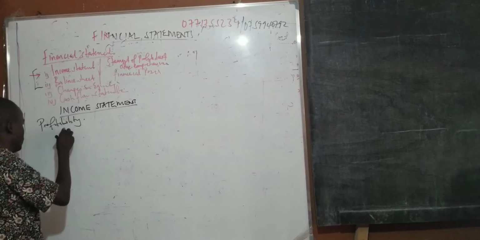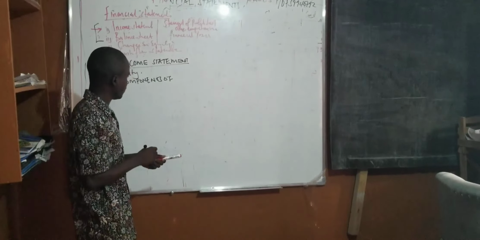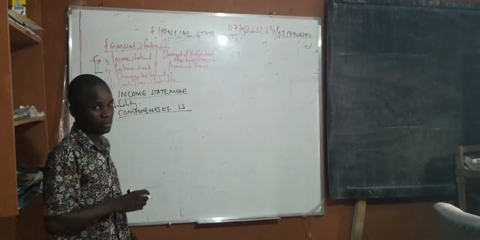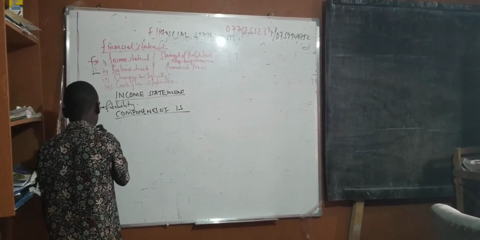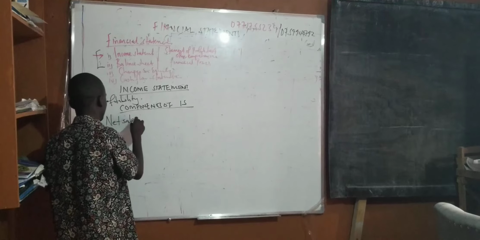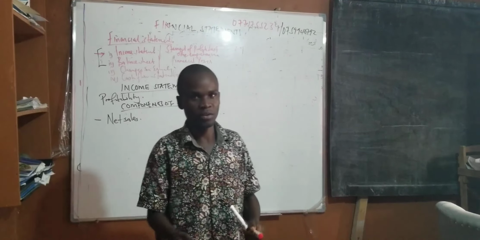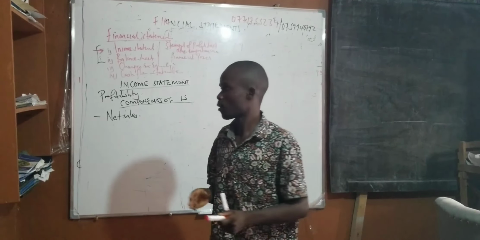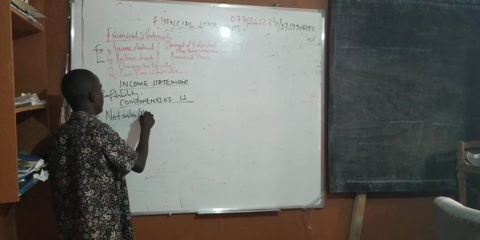Components of an income statement or statement of financial position. One, we have the net sales. What are net sales? This refers to the net revenue, what the business has sold over a given financial year.